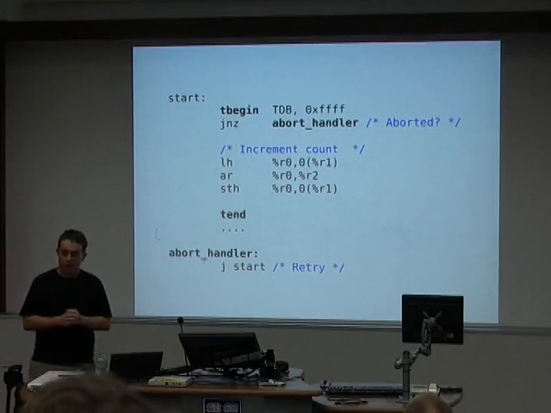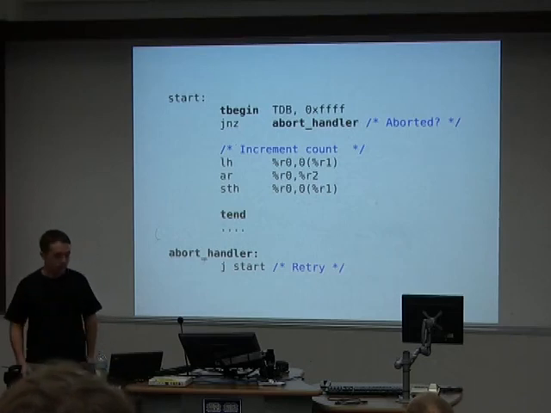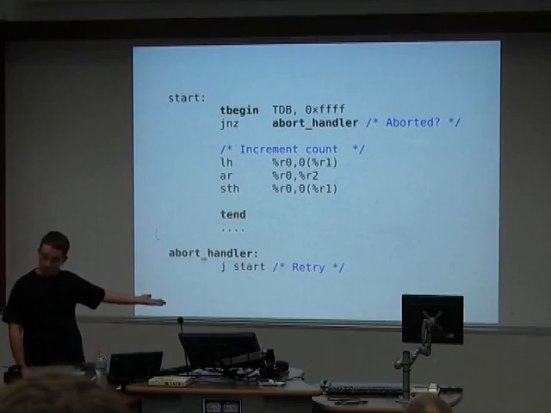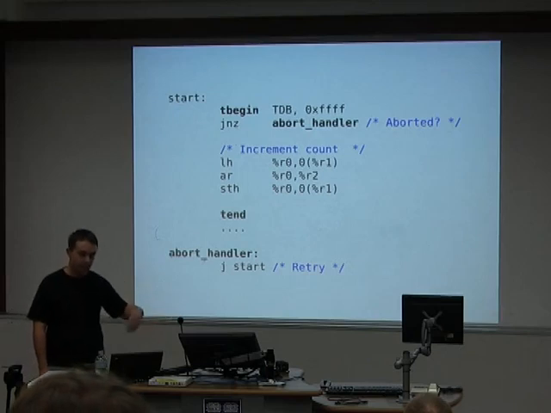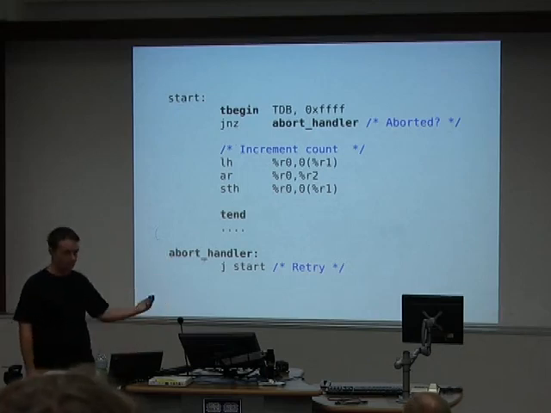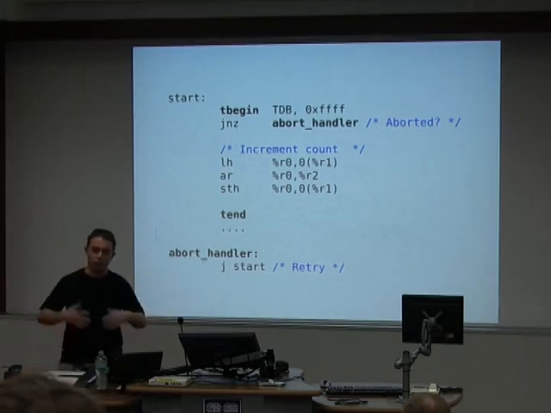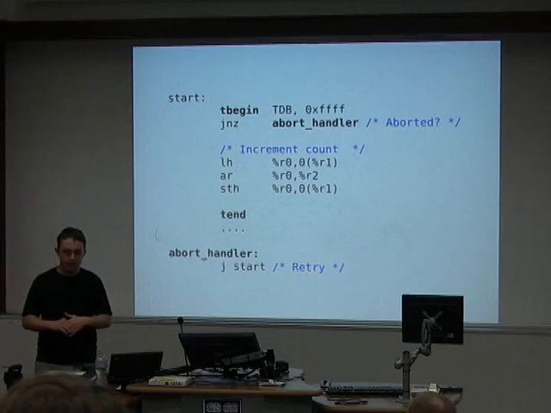S390 is just like Power in that they set a condition flag based on whether they're transactional or whether they're aborting. And again, you go through here, load, add, store, and then hopefully you finish your transaction and you're done. You can commit it all, make it visible to everyone else, or you jump back to your abort handler and you retry again. And I think this is kind of cool. We've got 3 separate architectures, all developed independently, but they all end up looking very, very similar at this sort of 10,000 foot view.